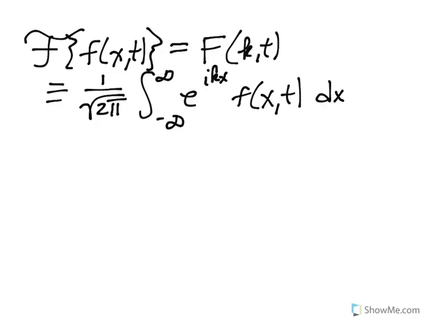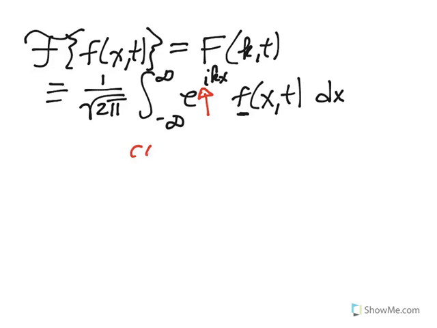And notice two things. First, t is not affected in the integral. Only x is affected. And the second thing is that we have introduced a complex variable here. While little f is usually a real function because it represents a quantity in the physical world, we have introduced complex variables through the imaginary number i here.